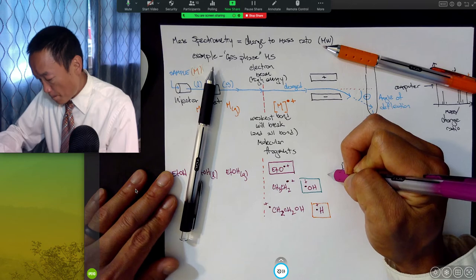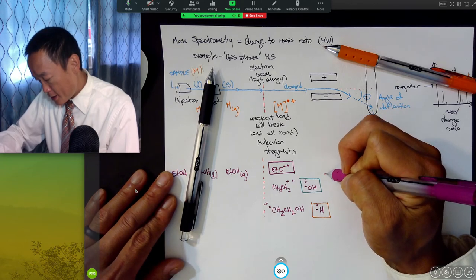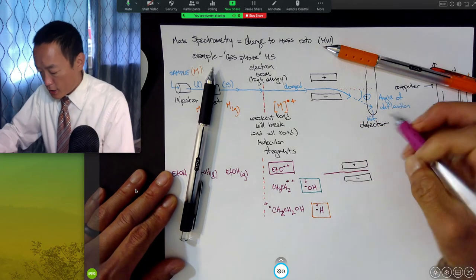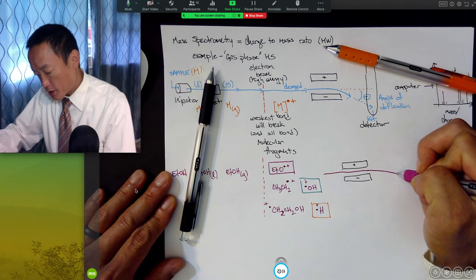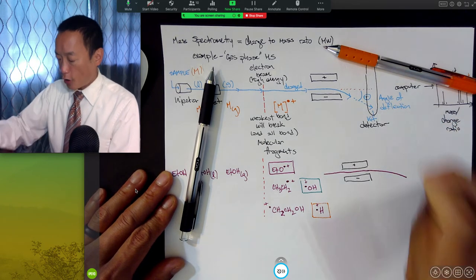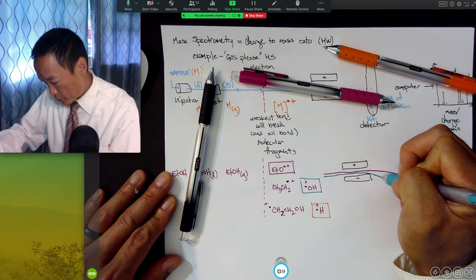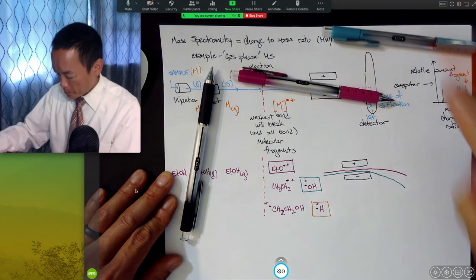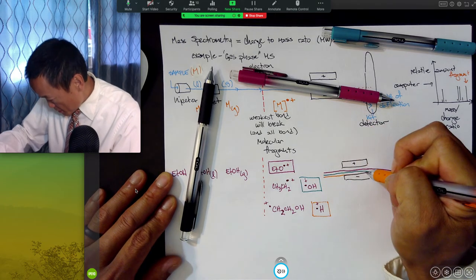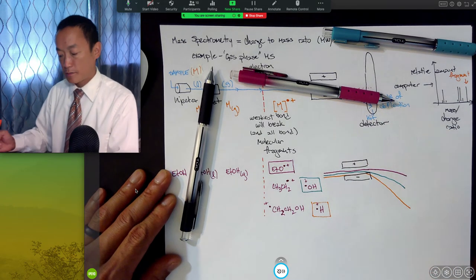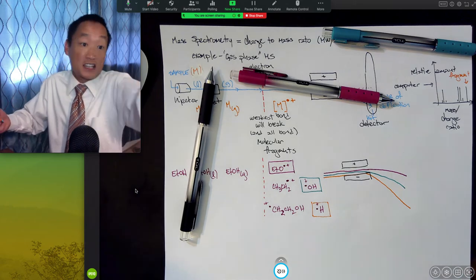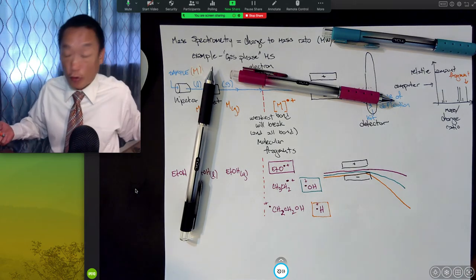Because that's so big, it maybe doesn't get deflected too much because it's really large. The OH is a little smaller, so the impact of that magnet becomes a little more pronounced. This becomes even more pronounced because it's the smallest piece, so that magnet's going to have a really strong pull on it right away.